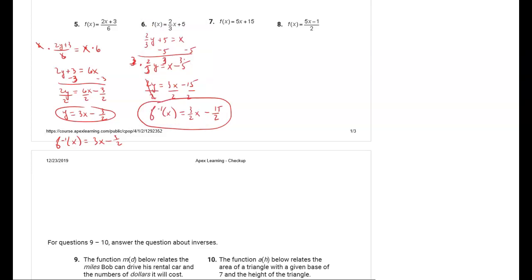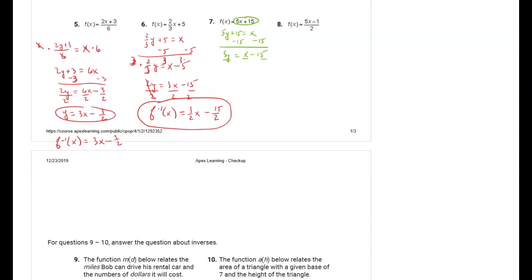Okay, so over here, we're going to say 5y plus 15 equals x. This becomes this side, but x gets replaced with y. Now, I'm going to go ahead and subtract 15. I get 5y equals x minus 15.